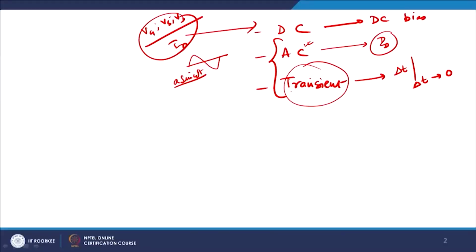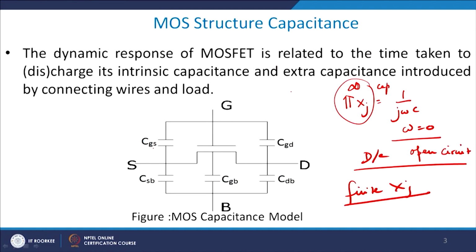For these two analyses we will actually be doing a large amount of capacitive analysis. If you look at the MOS device, these are basically known as CGS, gate to source, and CGD. You have a gate terminal, you have bulk, you have drain, and you have source. So, this is a 4 terminal device.